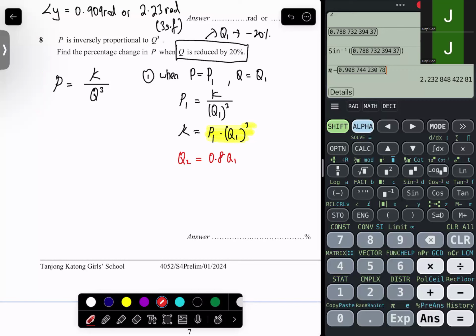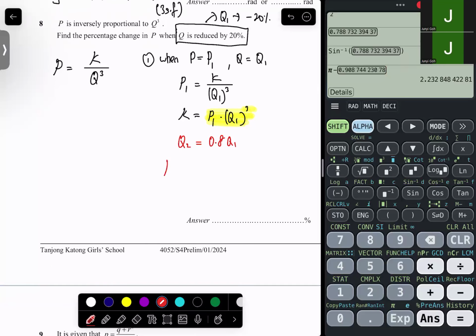Before we get the answer, we should know what inverse proportion means. It means that no matter what the change is on one side, the other side will oppose the change. If Q were to reduce, then P will increase. So if your P didn't increase, you are doing something wrong. But anyway, back to the question.